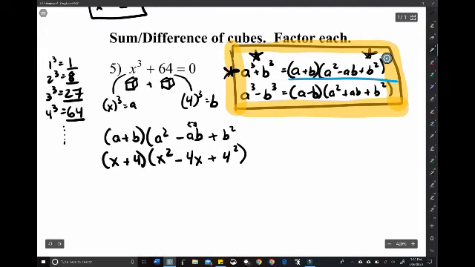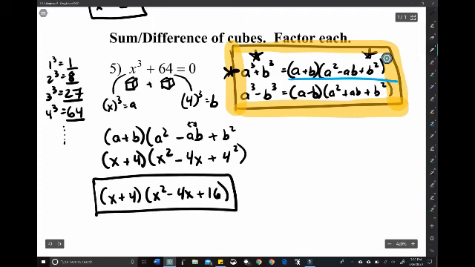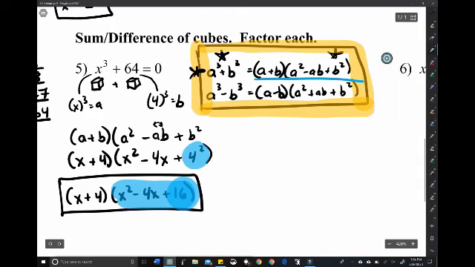Now, please simplify that. So x plus 4, x squared minus 4x, and plus 16. And that is what it factors out to be. So just be careful. The second part, simplifying the 4 squared into the 16, is really the key thing there.